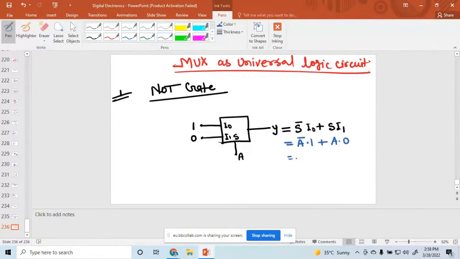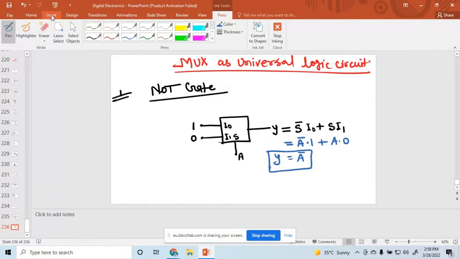So what is the expression? So Y equal to A bar. So this works like a NOT gate. Is that clear? So mux works like a NOT gate, Y equal to A bar.